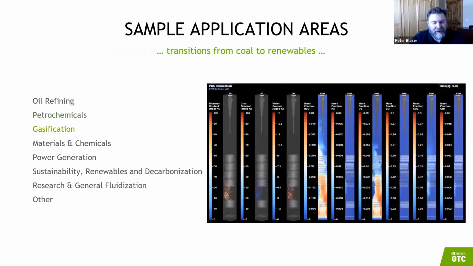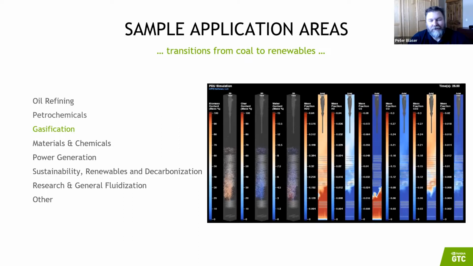Gasification makes chemicals and energy. And traditionally, this has been coal and petroleum coke. And we've seen a huge transition to renewables and even waste to products. I'll get through a cool example in a minute that goes through a conversion process for taking municipal solid waste and making jet fuel.